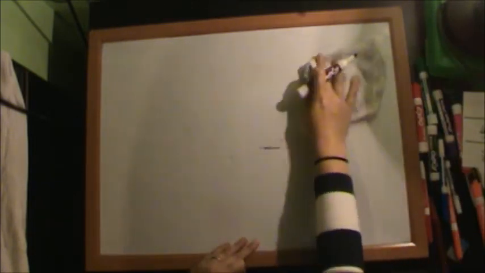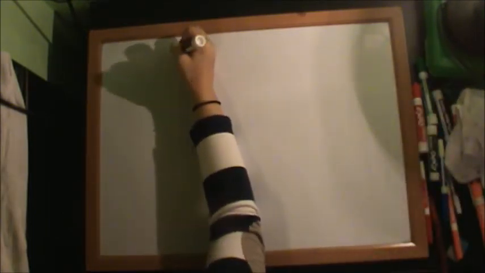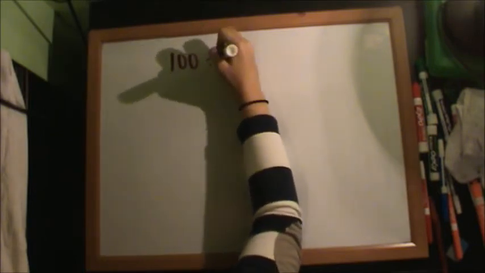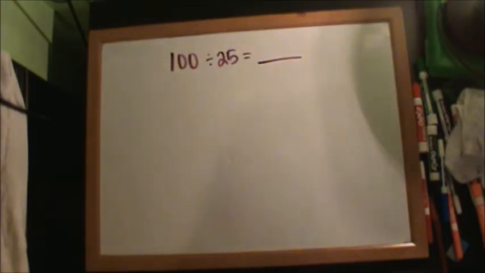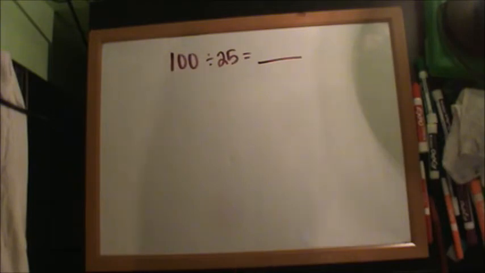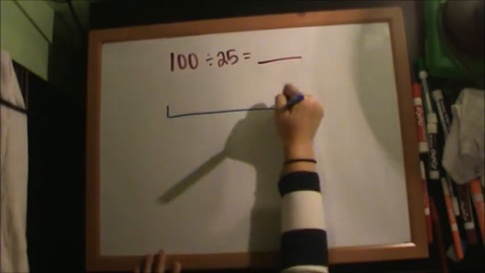The same thing can work with division. You're just working backwards. So I'm going to use the same problem that we just used. So for this one, you're just going to draw the first one. So I'm going to draw 25 boxes.